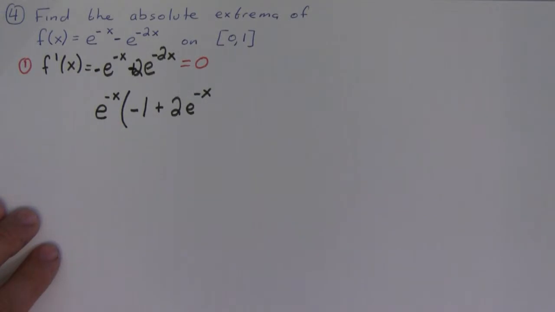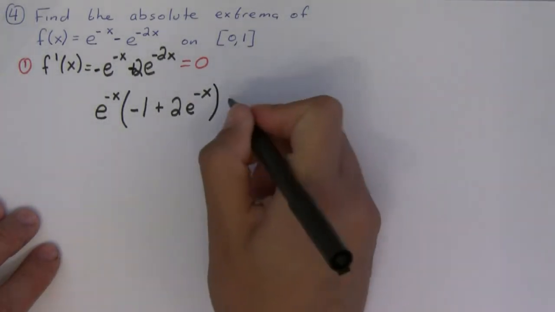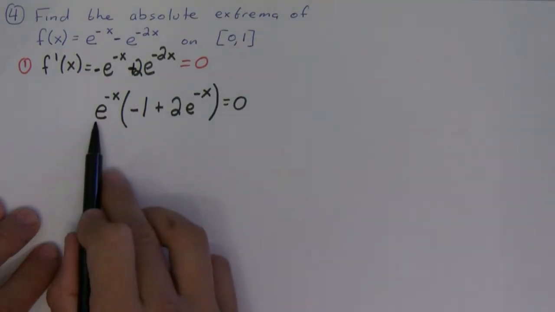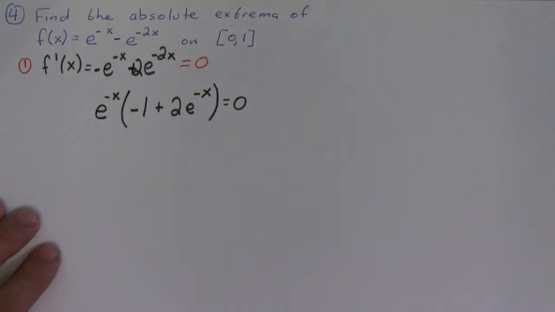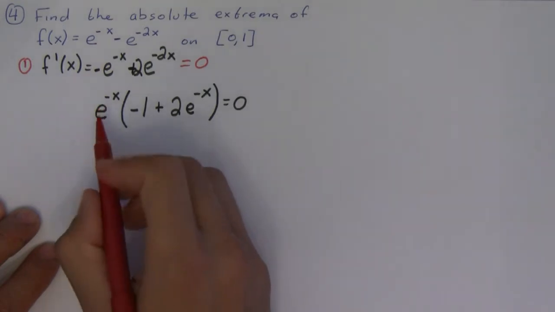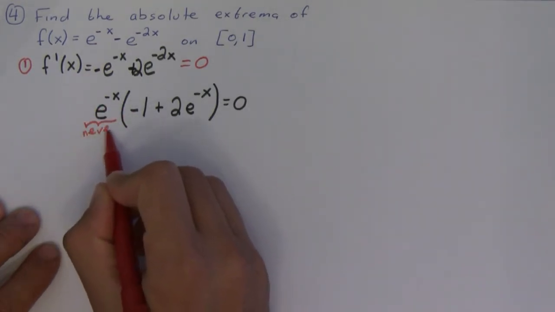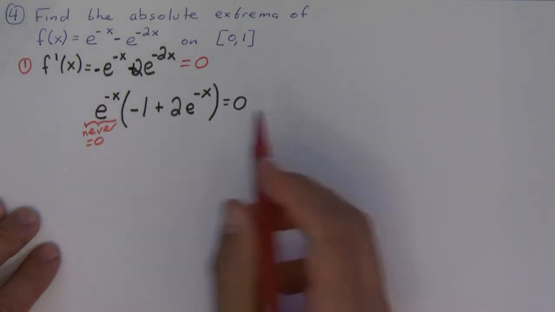And we need to figure out when this guy is equal to 0. Well, we know that e to the -x is never equal to 0.